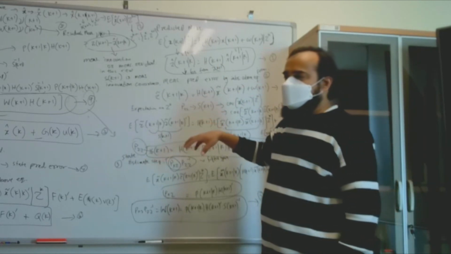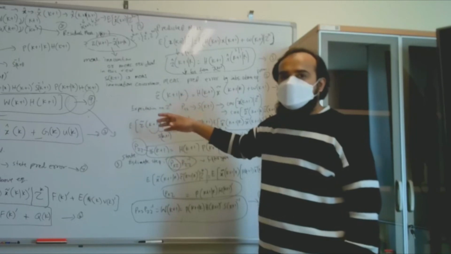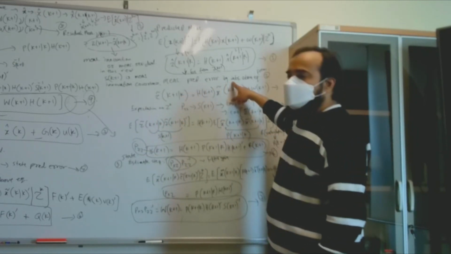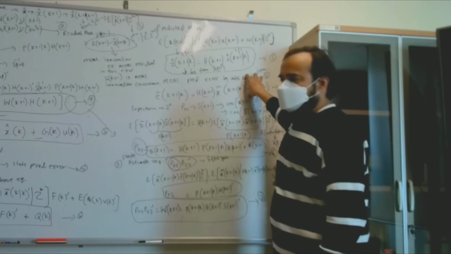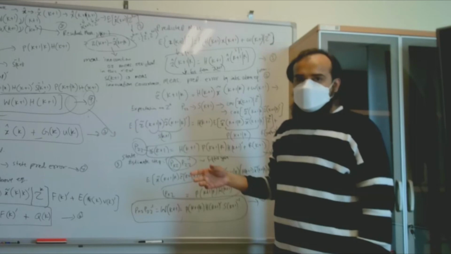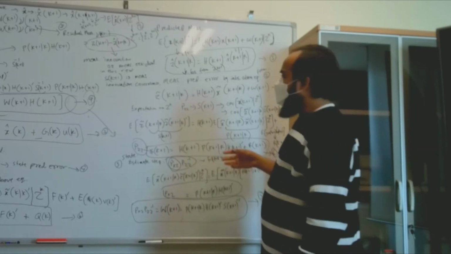It will cause a bigger estimation error. So the measurement prediction error will become very large, and the gain will become very small.